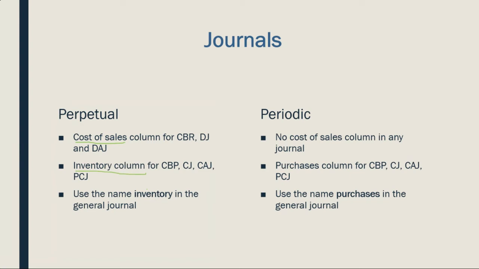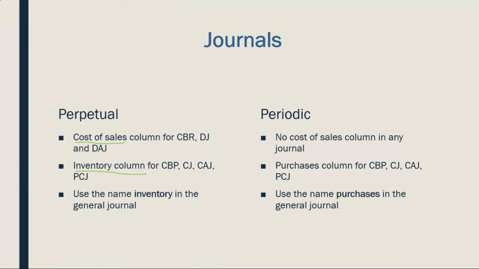And if we buy it from petty cash, it would go to the petty cash journal. And then we will use inventory in the general journal when we have any transactions, for example, the owner taking inventory out of the stock. We would use the account name inventory when we reduce that amount.